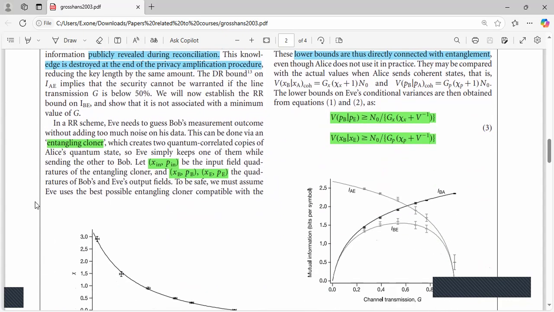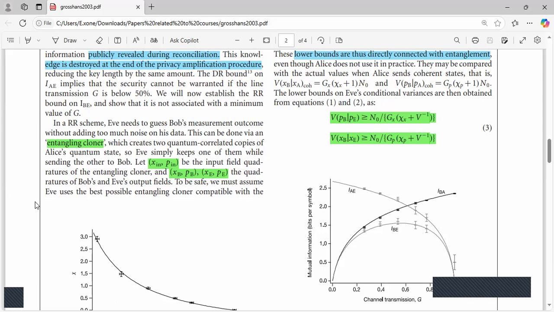So in order to get information about the secret key that Alice is sending to Bob, Eve has to intercept the incoming quantum states, and she does it with the help of an entangling cloner. The entangling cloner is a very nice technique, and it is done by a beam splitter.